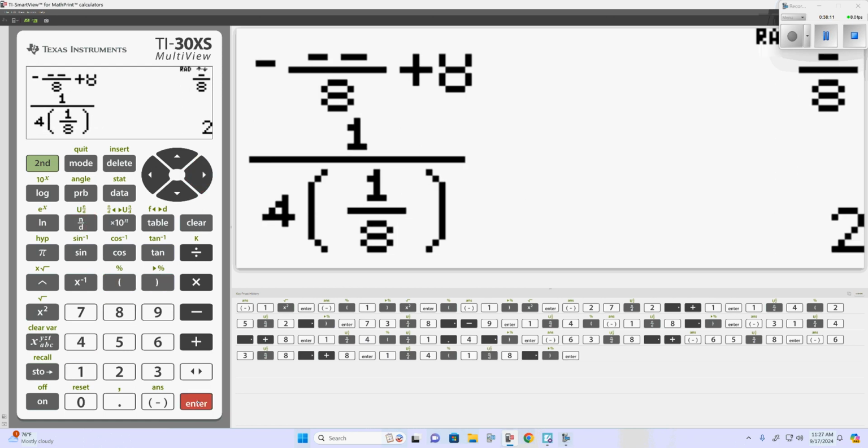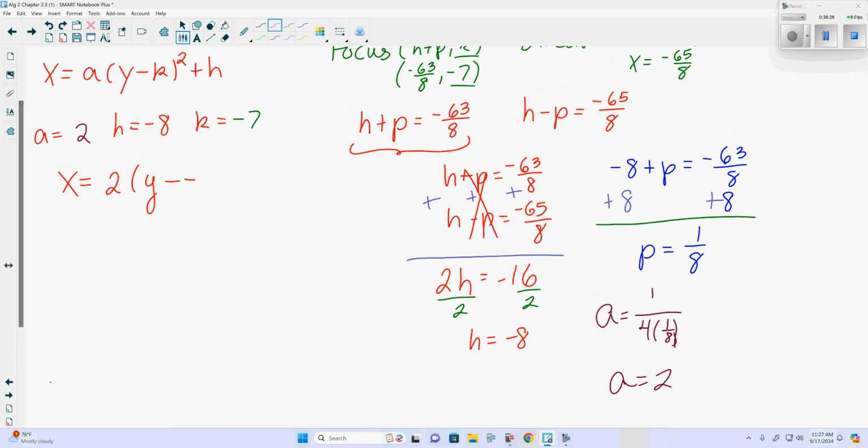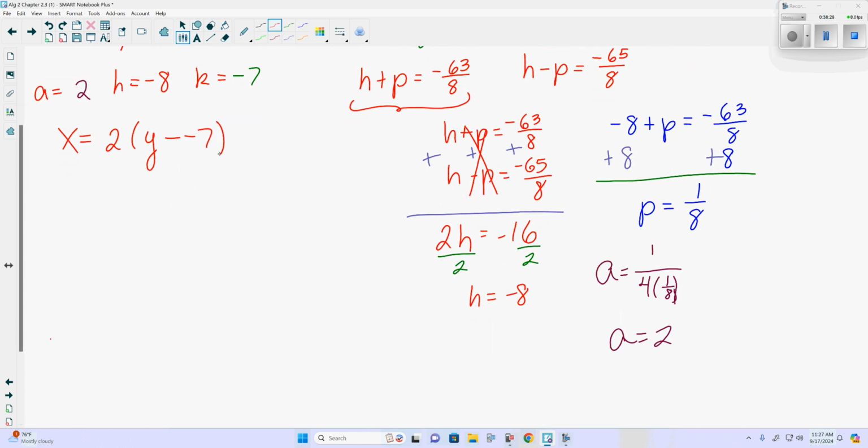Which is... y minus k. Would we say this is harder, a lot harder than what we've been doing? Not a whole lot, but it's more to keep track of, yes?